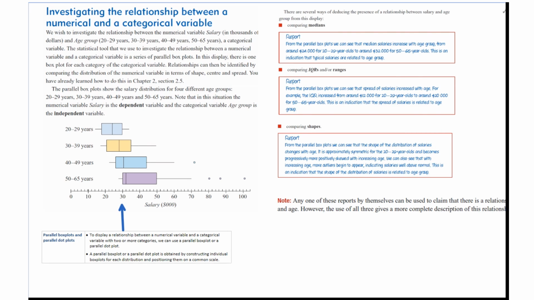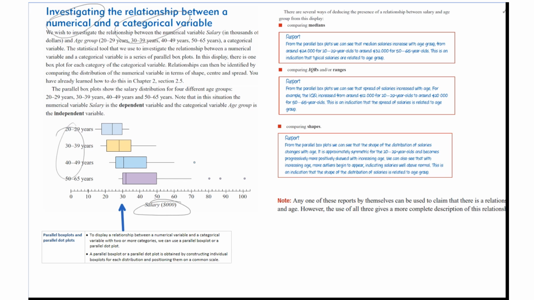This is getting into more of the bivariate, in the sense that I've got two variables, a numerical and a categorical. Salary is the numerical one, and our age group here is our independent variable, the explanatory one, and the dependent is the response, when we get to regression later.